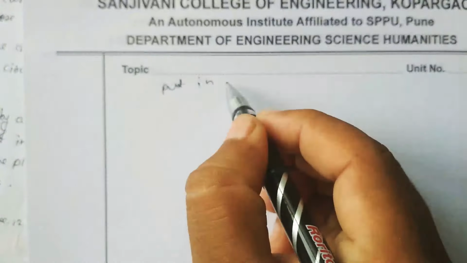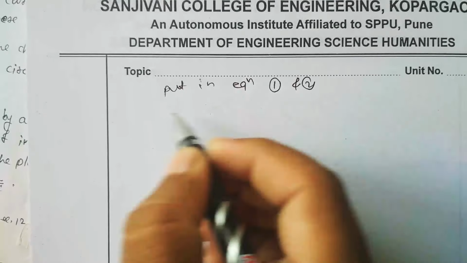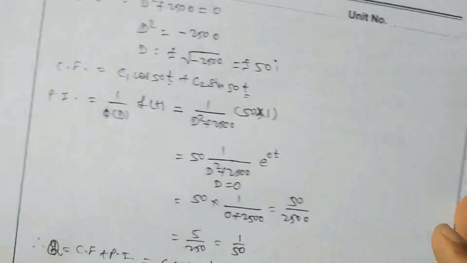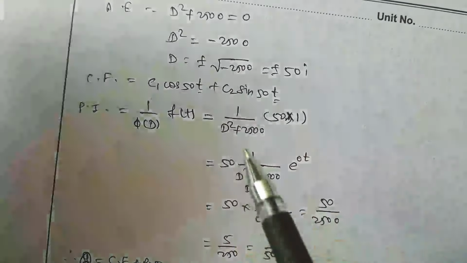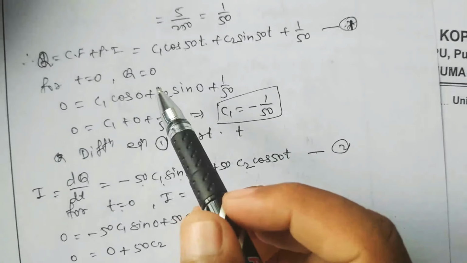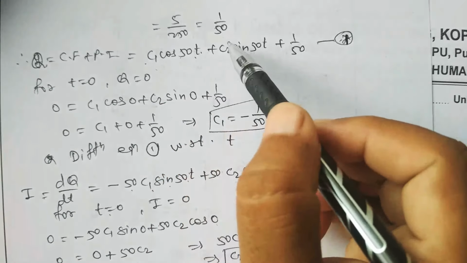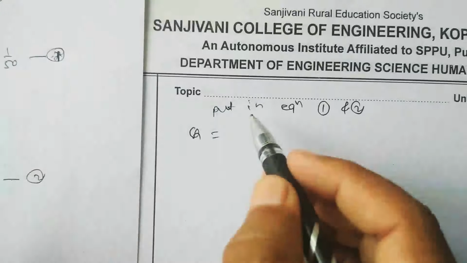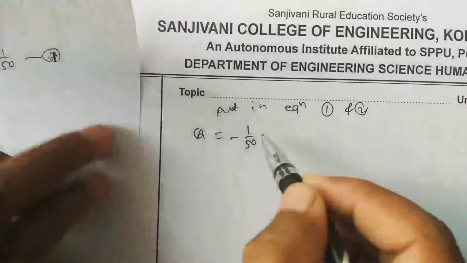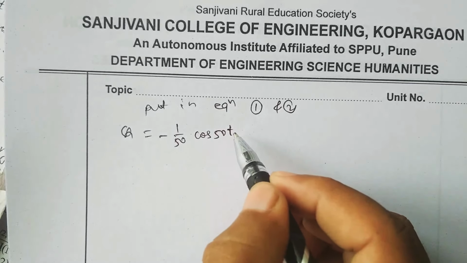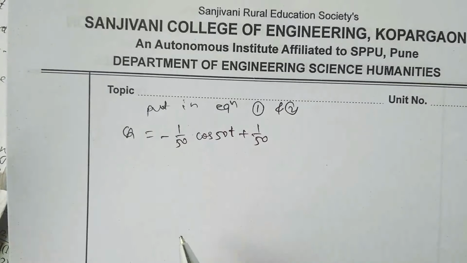Put in equations 1 and 2, so we will get q equals, when you put the value of C1 in equation number 1, it is minus 1 upon 50, so you will get minus 1 upon 50 cos 50t, the value of C2 is 0, so plus 1 upon 50 as it is.